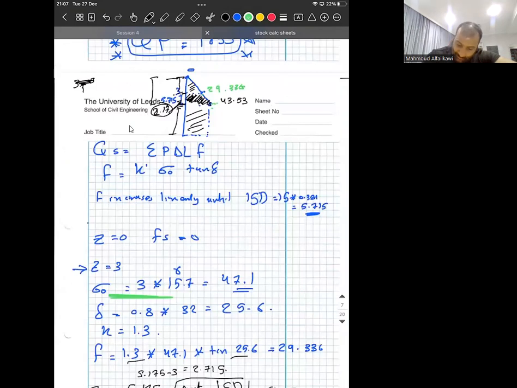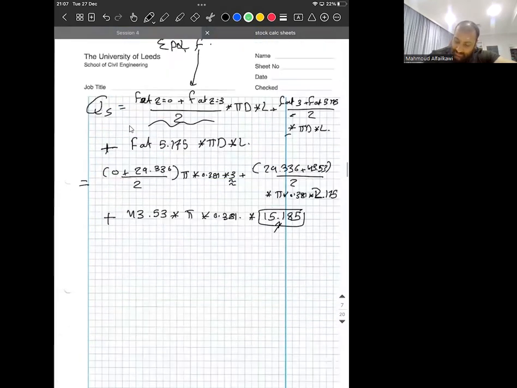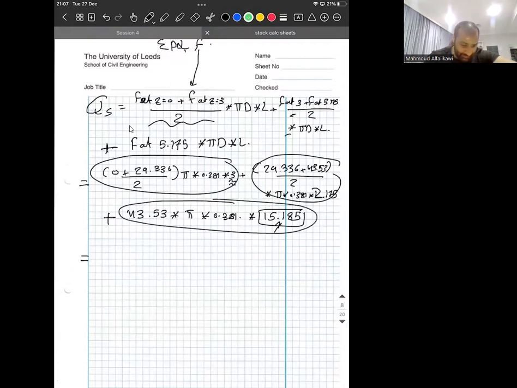After this, now you went down 5.175, right? So it's going to be the pile length minus this, and it's going to give you 15.185. All of this would equal, I'm going to calculate each term individually in the calculator so you can follow easily and find out if I made any calculation mistakes. So 52.67 plus 118.4 plus 796.4.